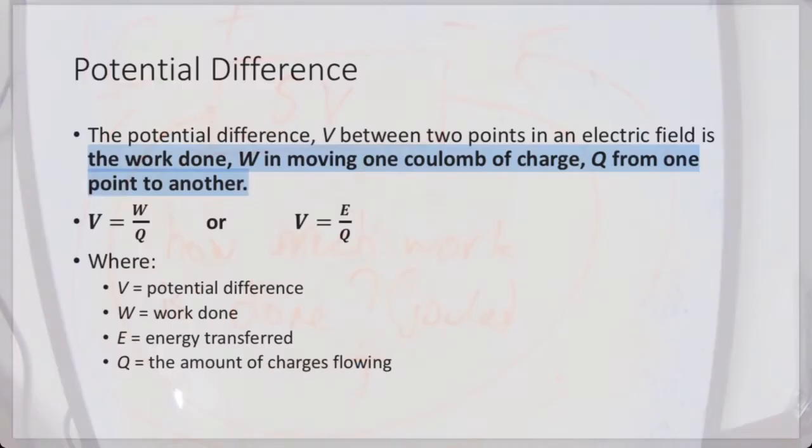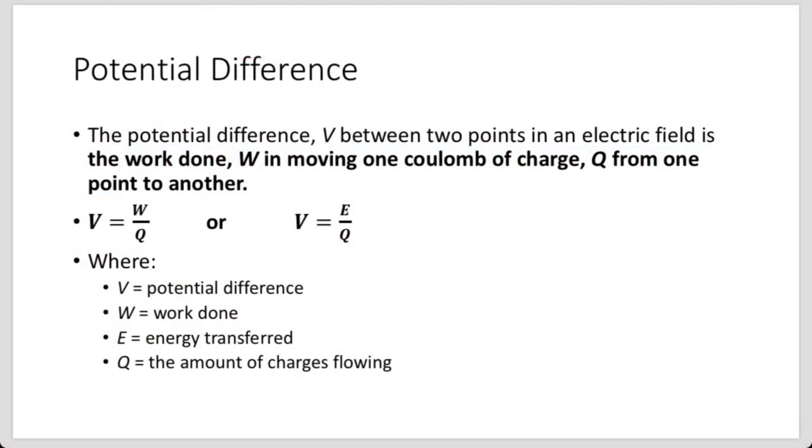So if we look at the formula, the two formulas are very similar, more or less the same. V is the potential difference, or the voltage. W is the work done, or you can use E, energy transferred.